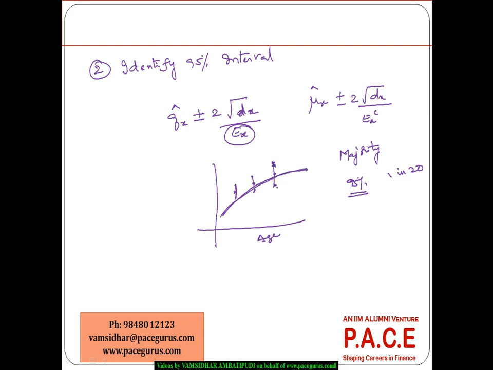but definitely, if my 20 age groups are present on this, at least 19 of them should cover this particular curve. The curve should pass through at least 19 of these confidence intervals. Even if one of them is not passed through, that's not a big problem. And that is where we talk about, okay, I could have drawn a graph like this.